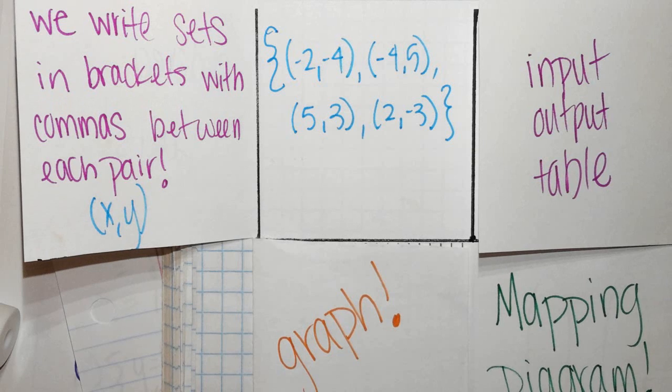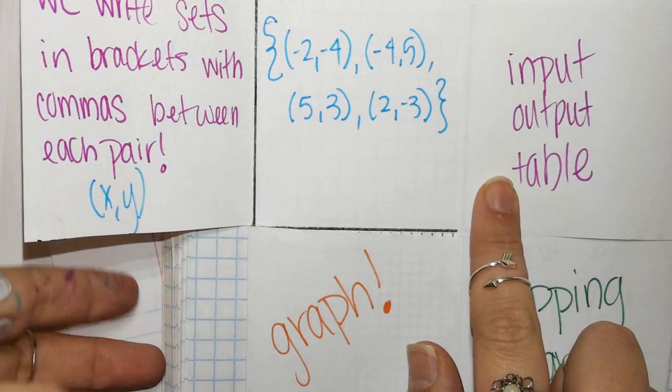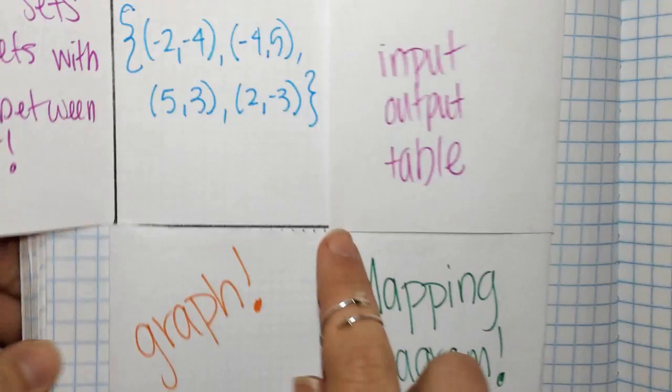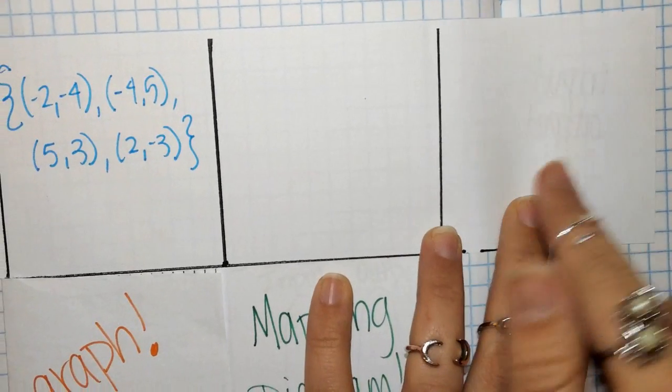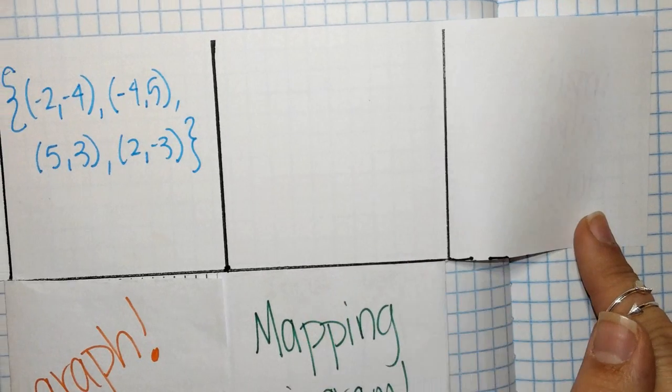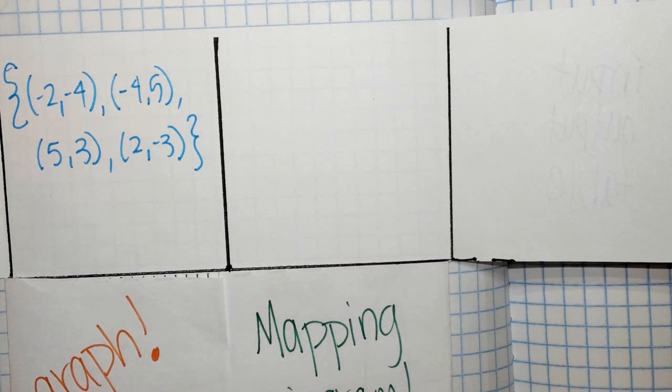Are we ready for the next one? Now we're going to turn those into a table. All right, open the input-output table flappy. We're going to write two things on the outside. We have two different kinds of tables that we can do: a vertical table and a horizontal table.